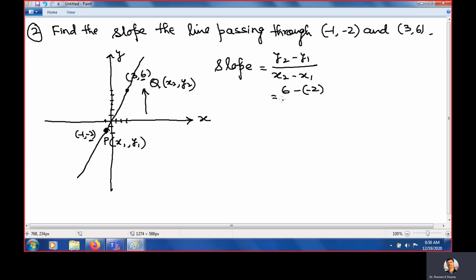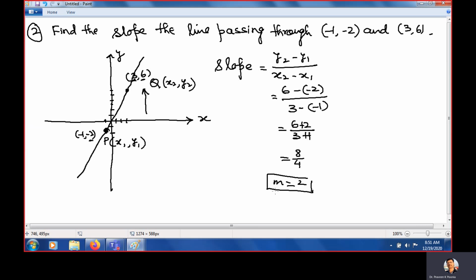So it is minus 2 upon x2, it is 3 minus x1, it is minus 1. So 6 plus 2 upon 3 plus 1, 8 upon 4. And the answer is 2. And slope is 2.